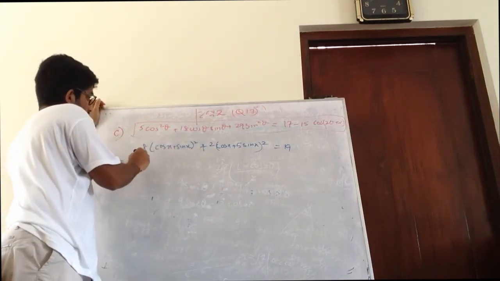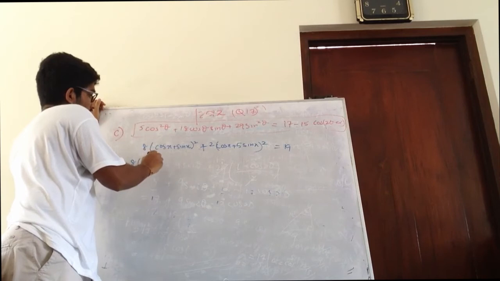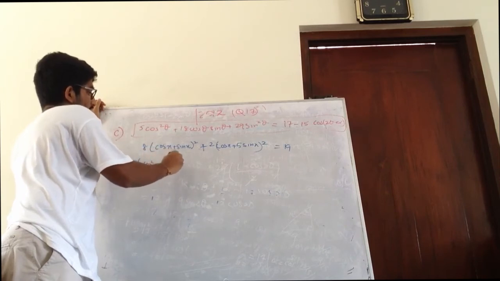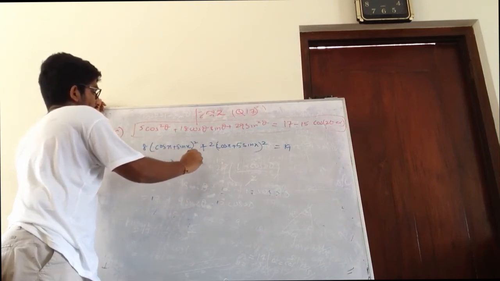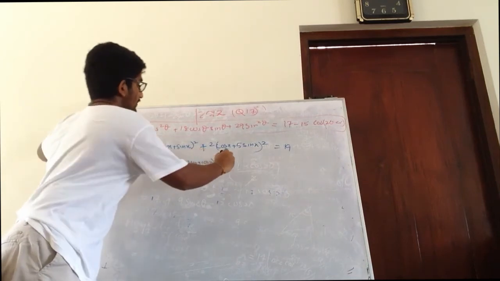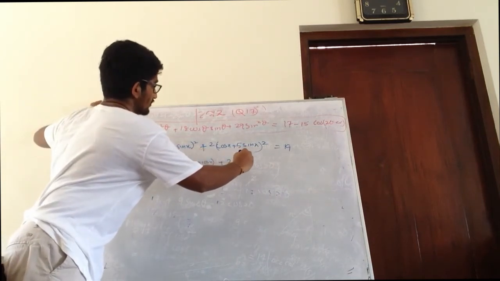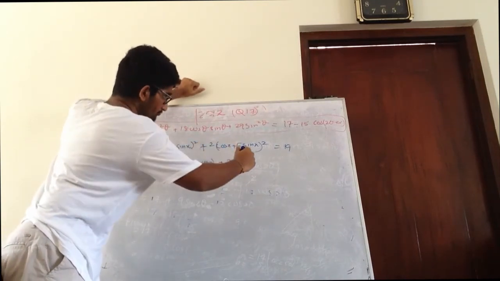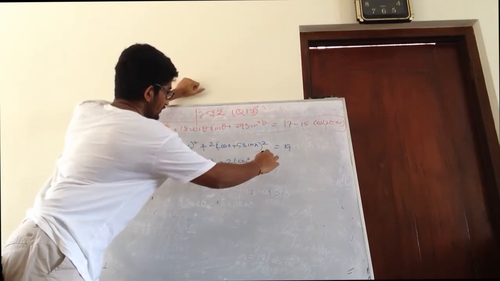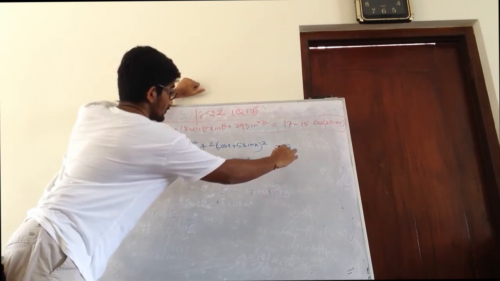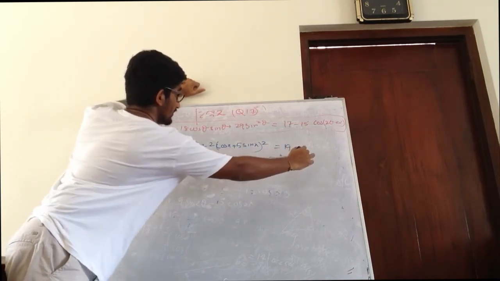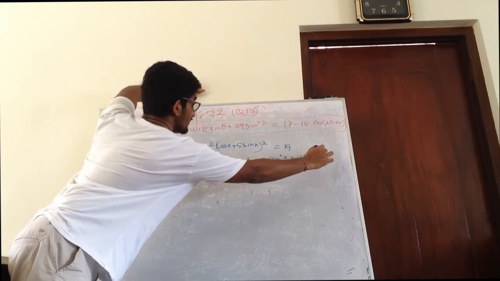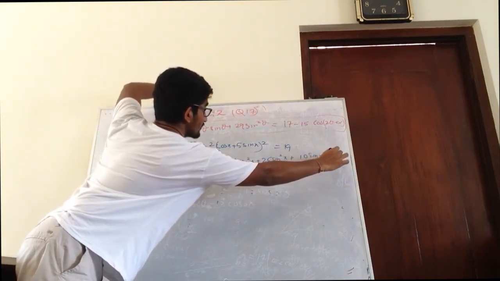That is cos square x plus sin square x plus 2 sin x cos x plus 2 cos square x plus 25 sin square x plus 10 sin x cos x plus 9.